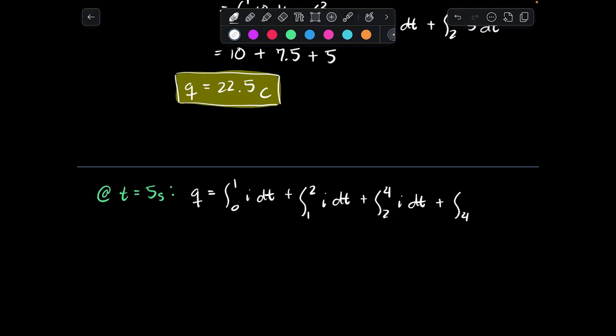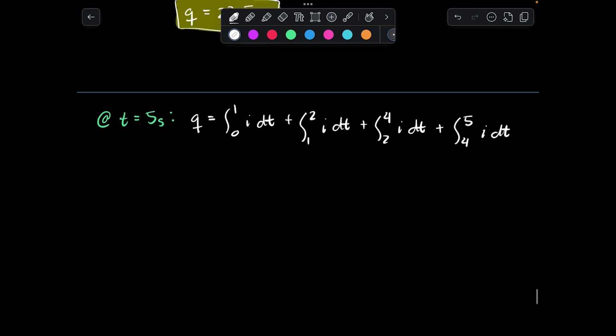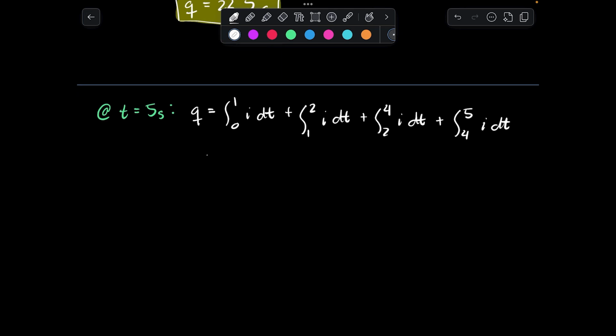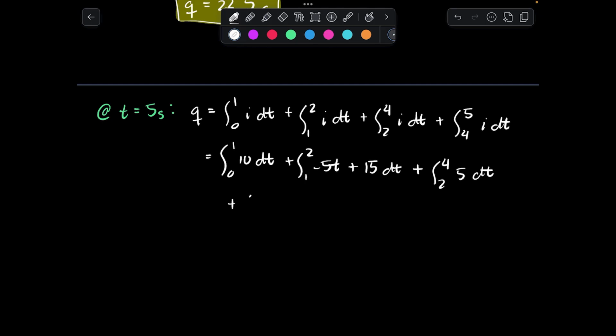And lastly, from 4 to 5 seconds. I'll just rewrite it all out so you can get a clear picture of what's going on. And then our last interval here from 4 to 5, negative 5t plus 25 dt.